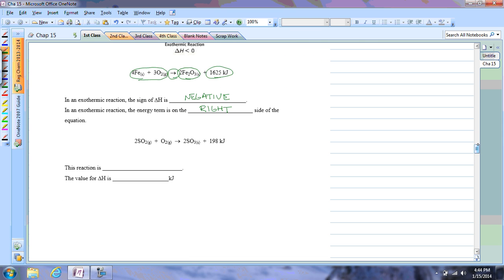If we look at this example, we can tell that this reaction is exothermic, and that the value for delta H has to be negative. Even though it looks like it's positive in the equation, the actual value for delta H is minus 198 kilojoules.